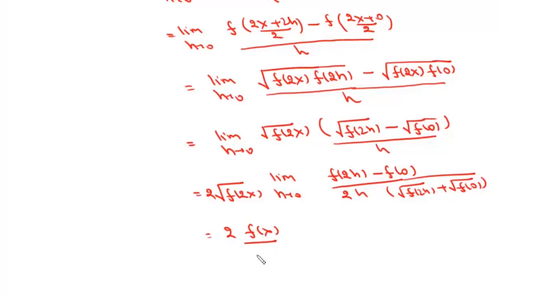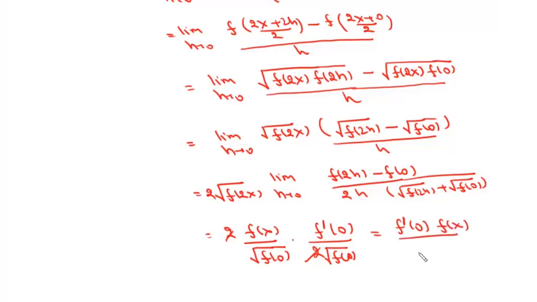f x upon under root f 0, and here it will be f dash 0, and here it will be 2 times under root of f 0. Now this 2 and 2 will cancel. We'll get f dash 0 into f x upon f 0.